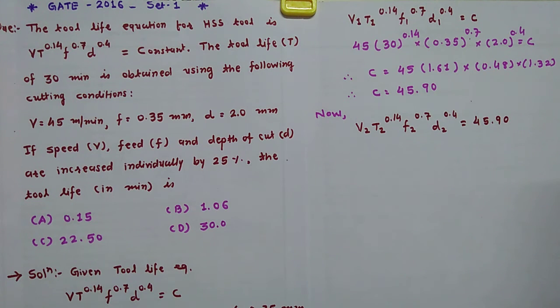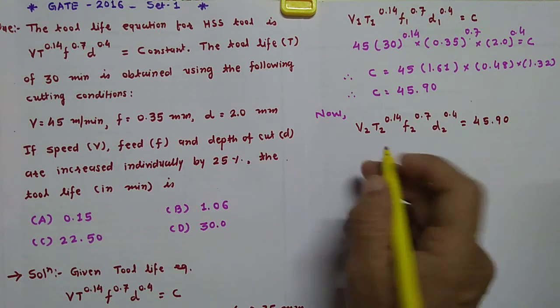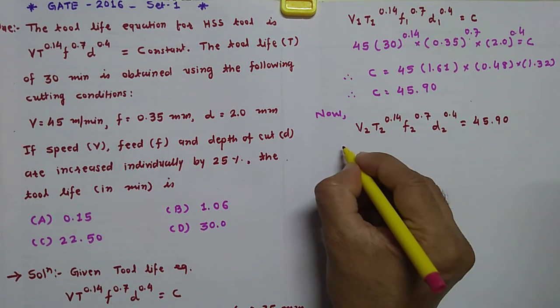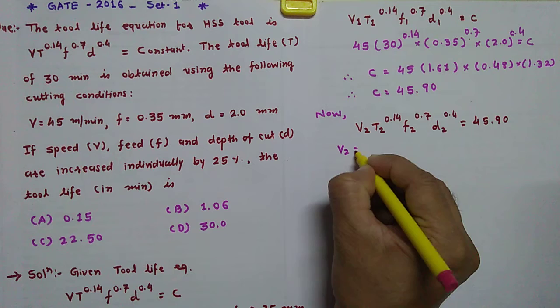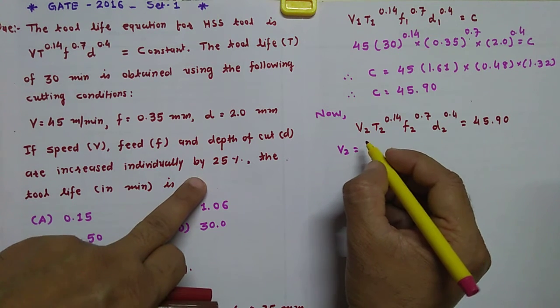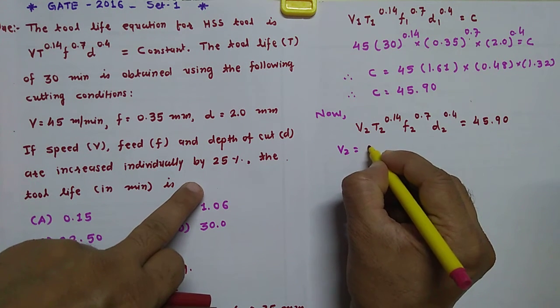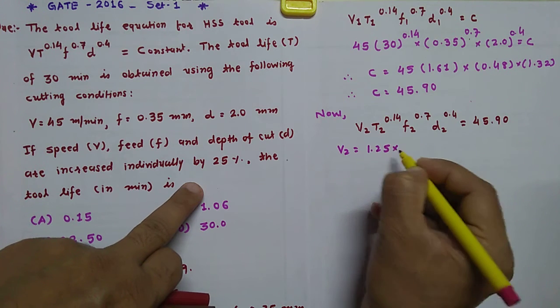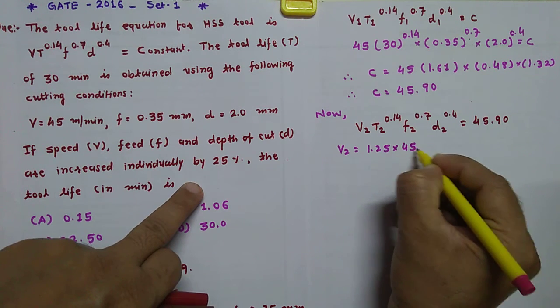So here, as per this equation, V2 is equal to a 25% increase. So V2 is 1.25 into 45.